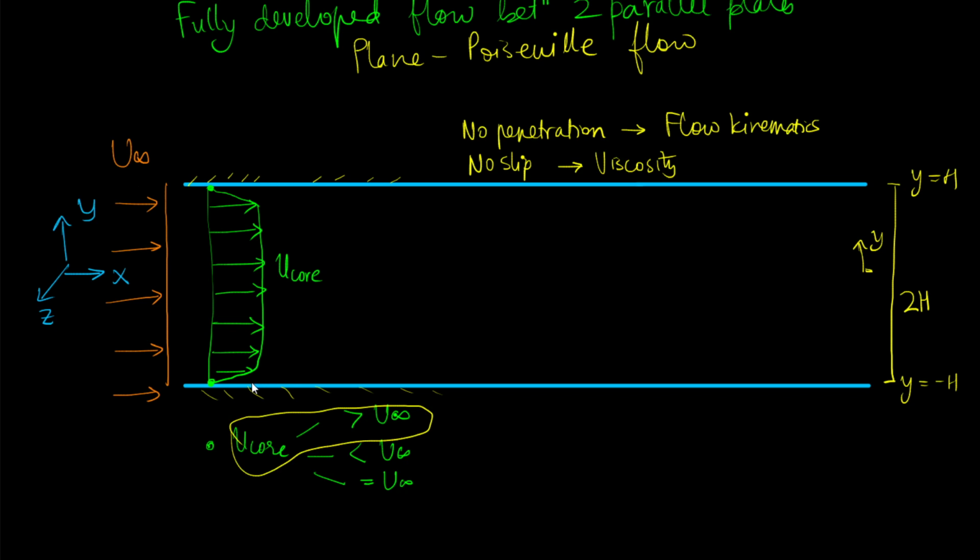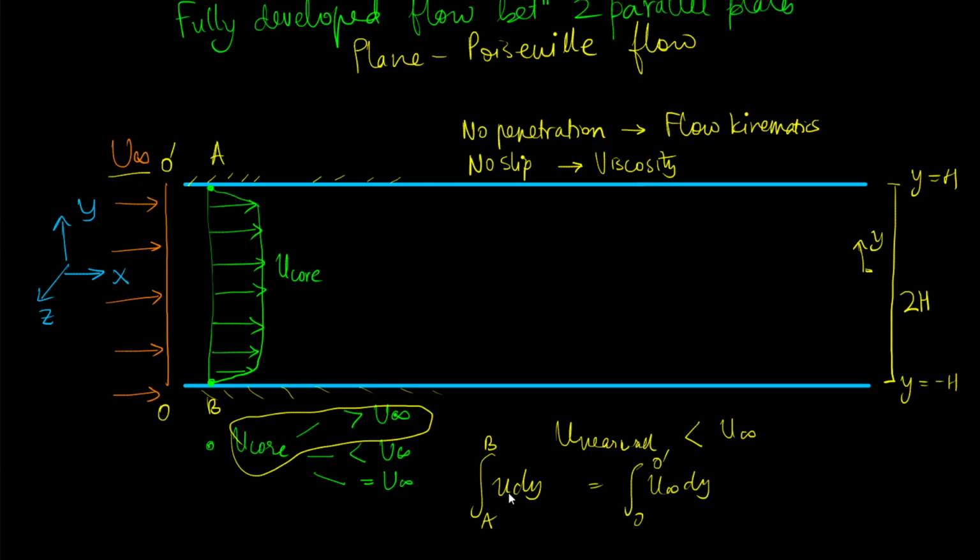Because of the viscous retardation near the wall, the velocity near the wall will definitely become less. So u near wall will be less than u infinity. If that is true, then I must maintain integral u dy at section AB to be equal to integral u infinity dy at section OO prime.